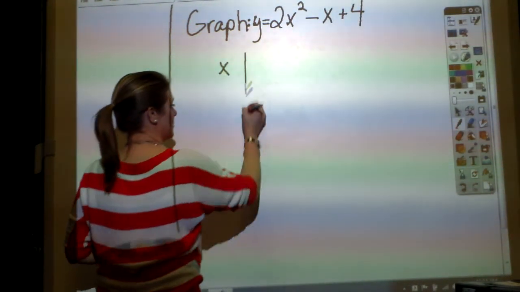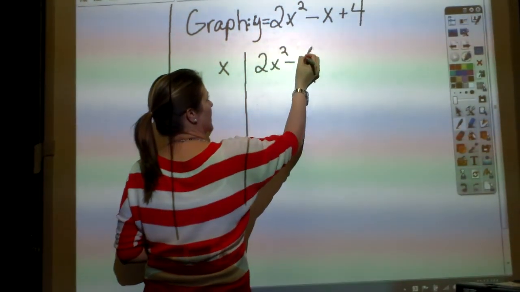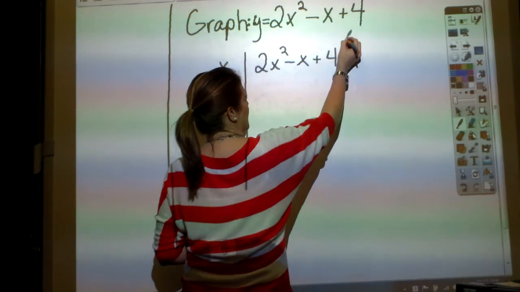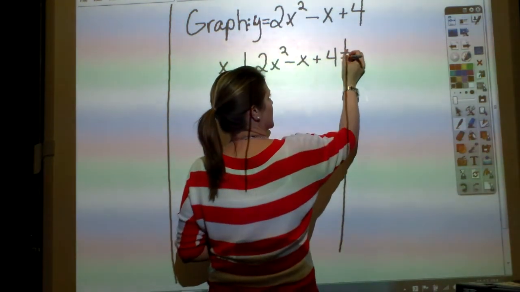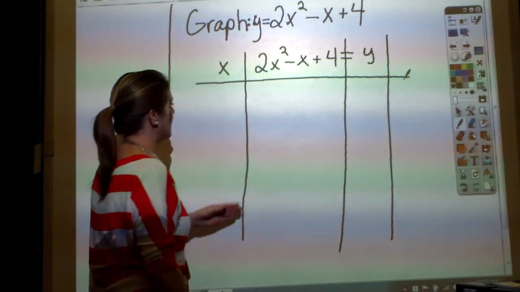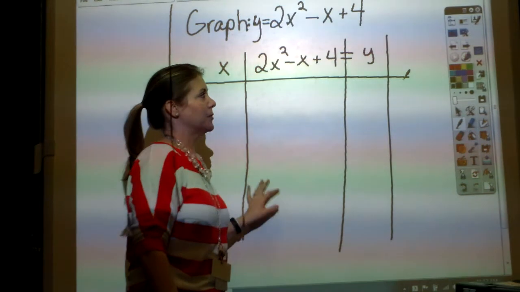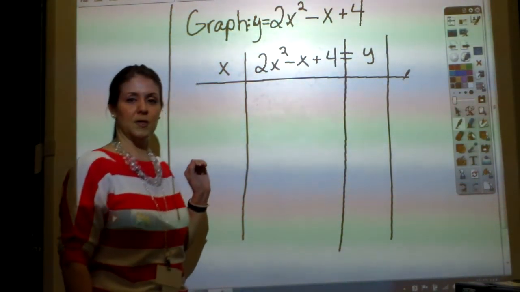So again, make a table of values. You're going to pick your x. 2x squared minus x plus 4 would be your function rule. That's going to give you your y's. So I want you to pick your own values, pick about 6, and then be ready to graph that when we get into class.